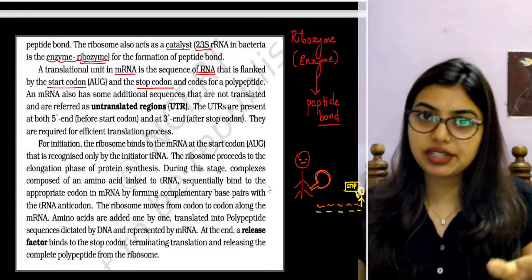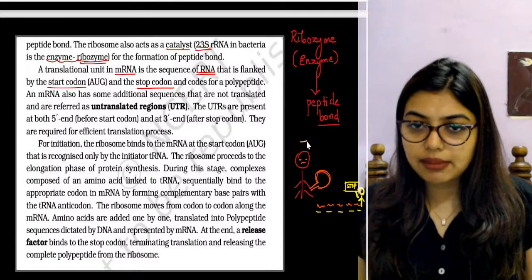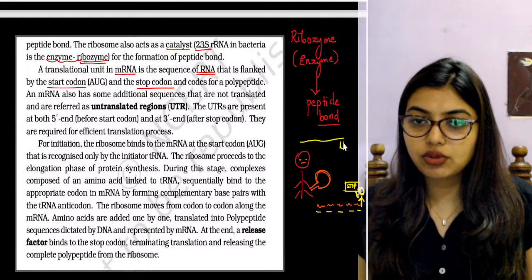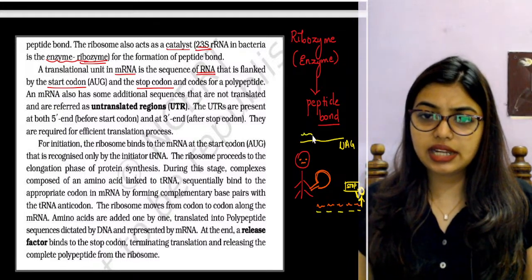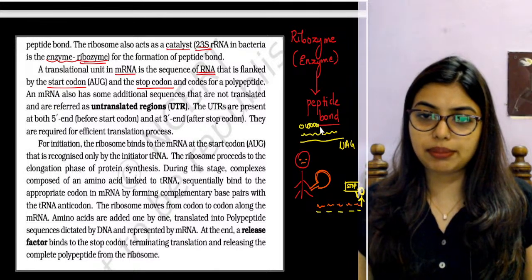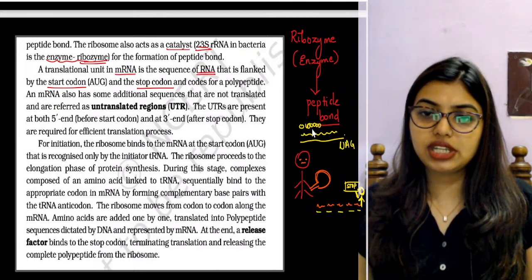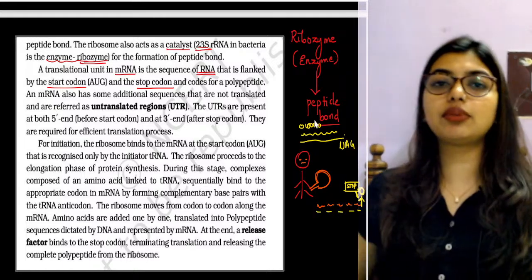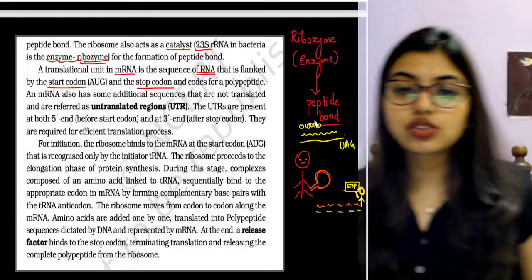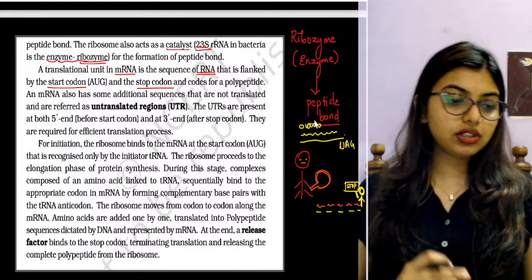But that cannot happen here, no? So what is going to happen? In the mRNA only, in the last exam they will give you that this is the stop codon. So when the tRNA is reading, binding and forming the peptide chain, it will reach UAG and it will just stop. Otherwise the polypeptide chain will keep becoming longer and longer if there was no stop codon. Yes or no? Understood? This will keep continuing.